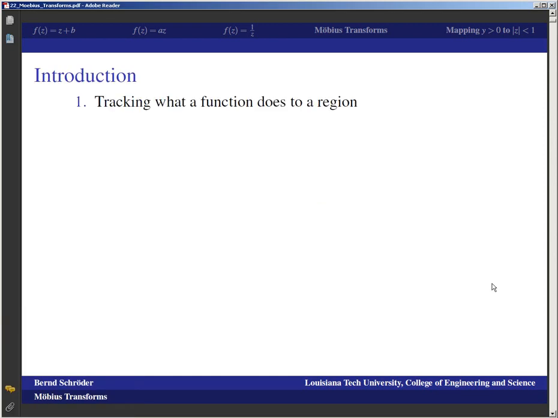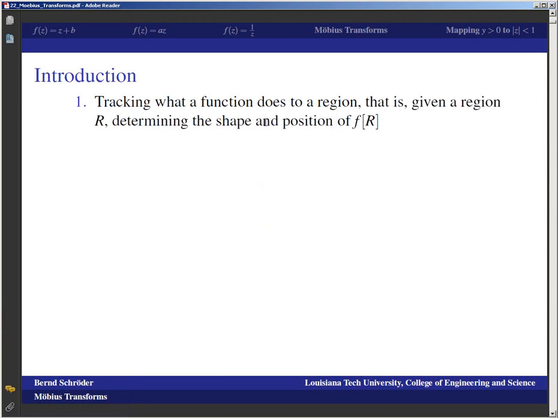The main idea is that we want to track what a function does to a region. So basically, given a region R, we want to determine the shape and position of the region f of R, where f is an analytic function. That is a very good visual exercise.